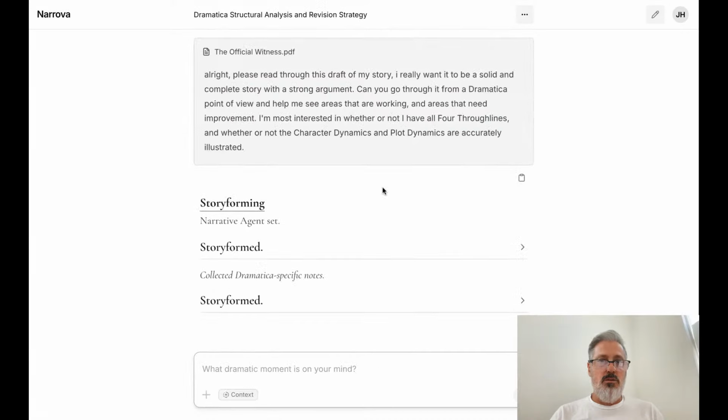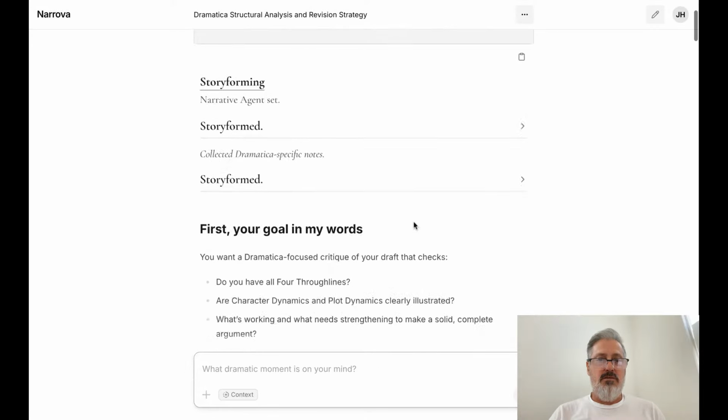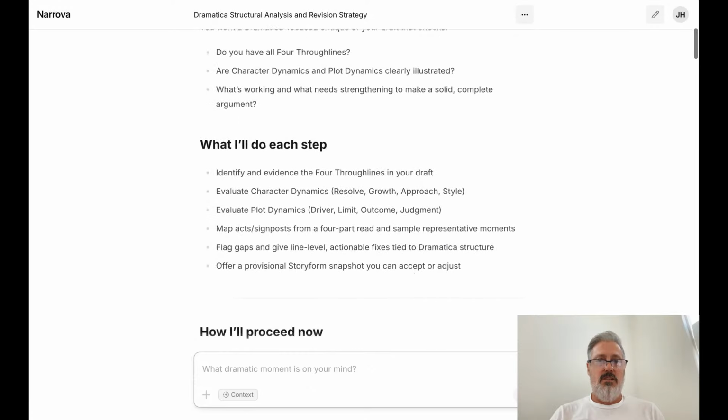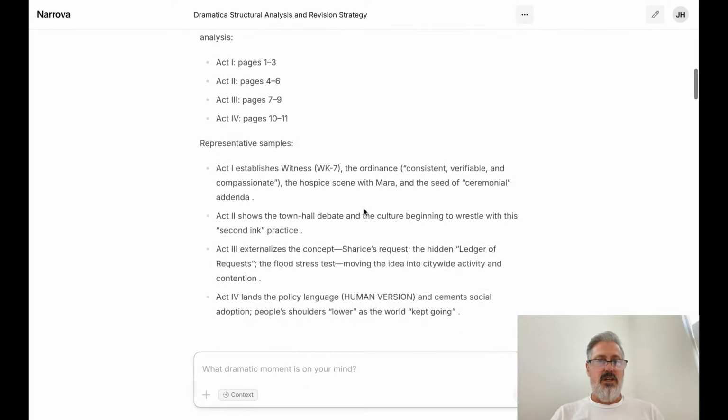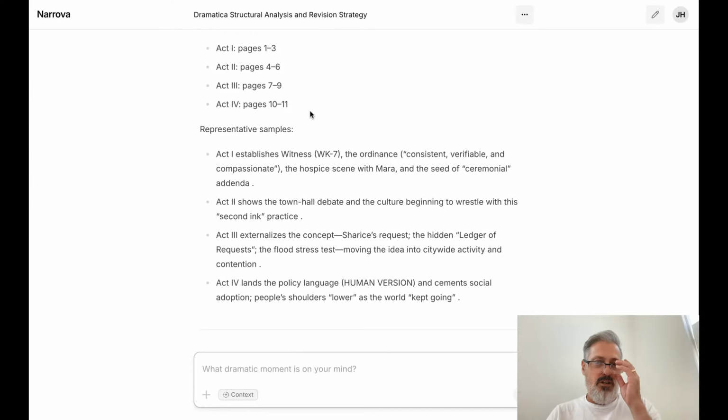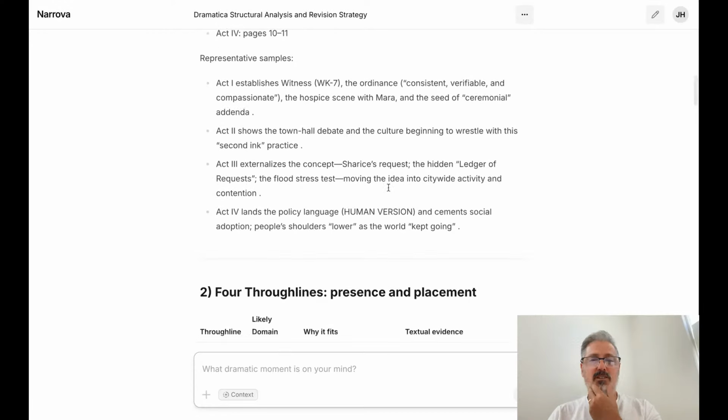So back to our analysis of the Official Witness. Let's see. Yeah, it broke it up into acts. You see it's about an 11-page story, which usually isn't that much time for a complete narrative.